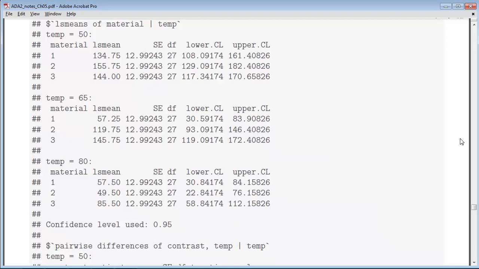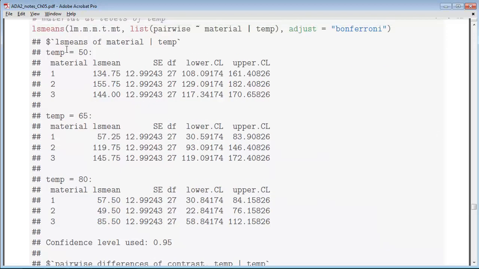So let me scroll down a little bit. First thing we get are those means and confidence intervals, and you can see for temperature 50, here's the three materials, 1, 2, and 3, and these are the means for each of those, as well as the confidence interval. And then it repeats with temperature 65 and temperature 80.